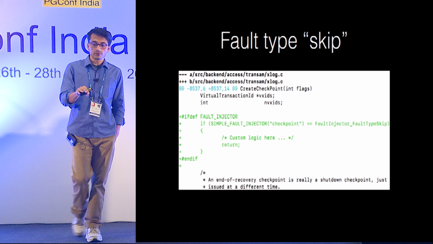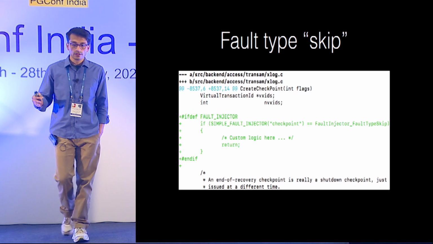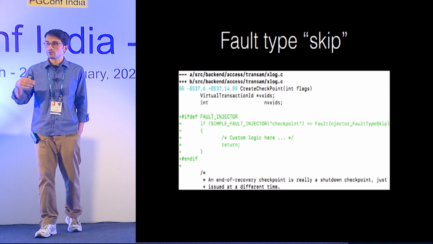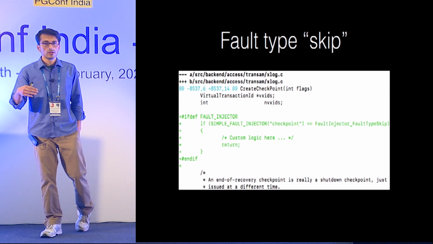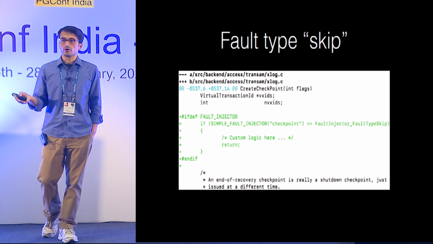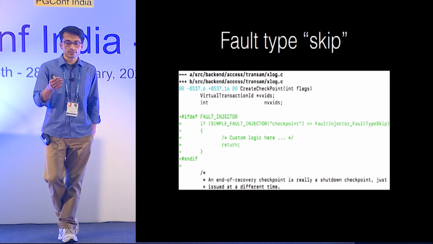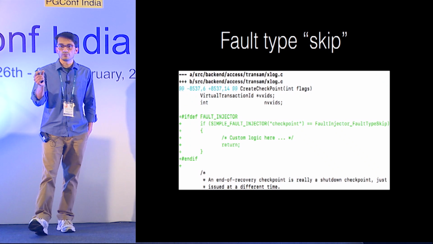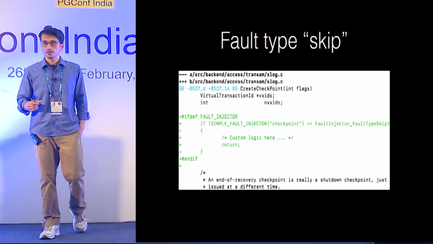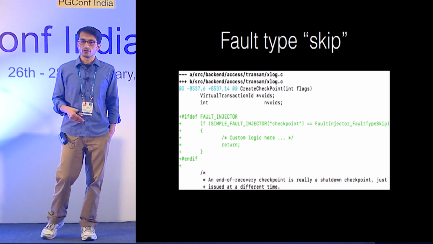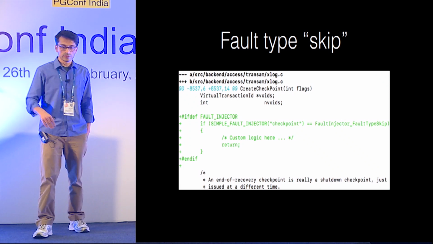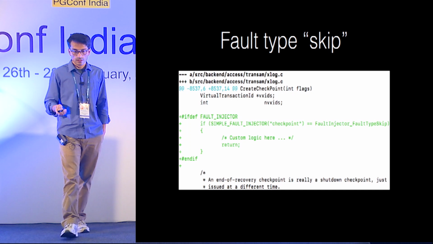If the fault was injected with a skip action, then the custom logic that we would perform is to skip the checkpoint. This is useful to test certain crash recovery scenarios. If you want to test replay of a particular WAL record, you don't want the checkpointer to interfere in between your tests. So this is a way to let the checkpointer skip checkpoints.